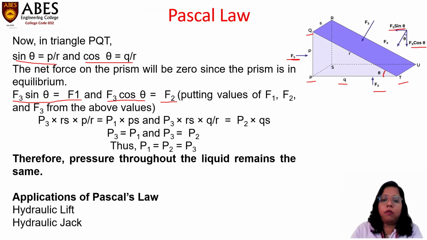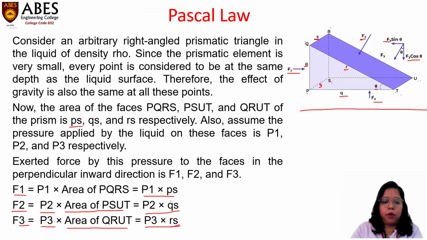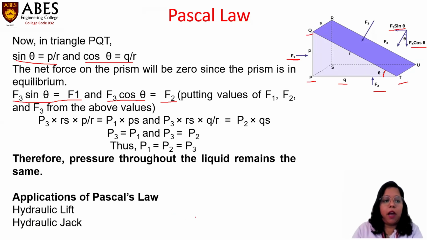Now we will put the values of F1, F2 and F3 in these force equations. For x direction, putting the values of F3 and F1, we get P3 into rs into p by r is equal to P1 into ps. And when we put the values of F3 and F2, we get P3 into rs into q by r is equal to P2 into qs.